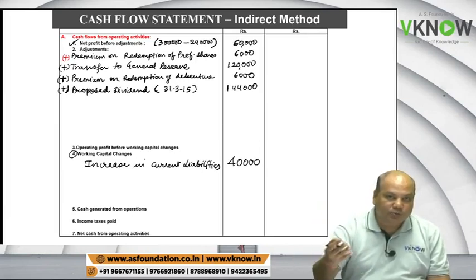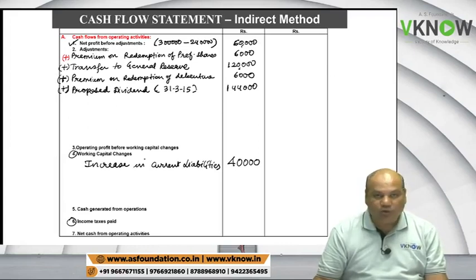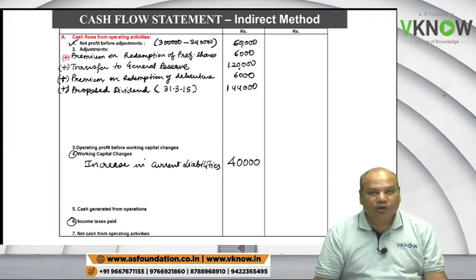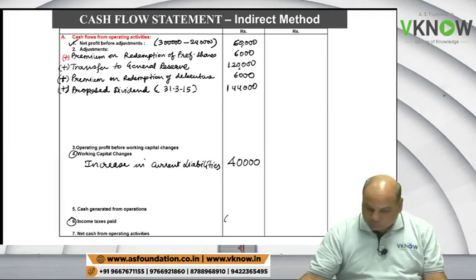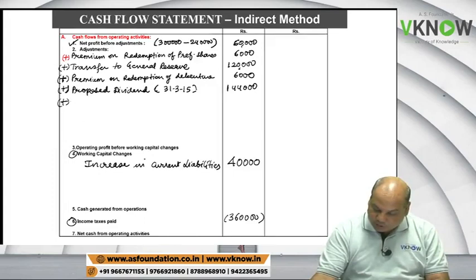This year a fresh provision was made. Come to point number 6 below: income tax paid, in bracket 3,60,000, and current year provision for tax add back.